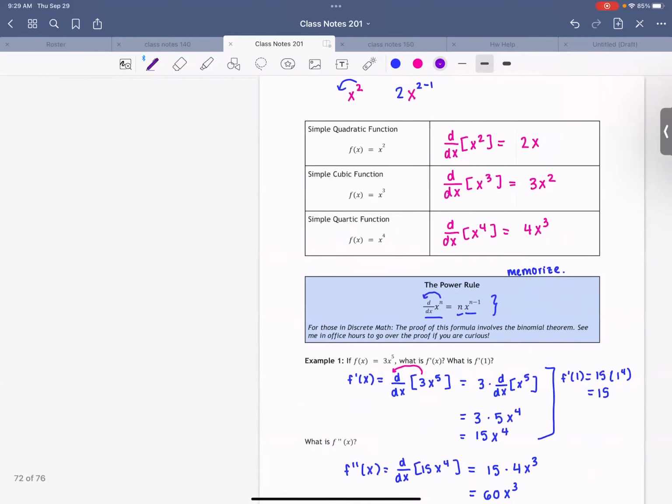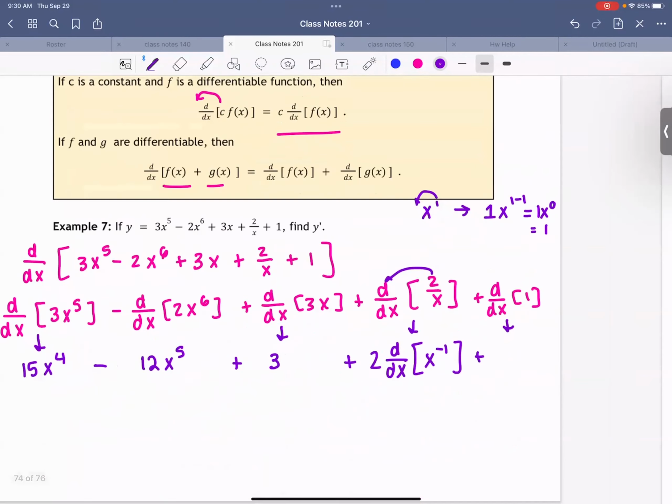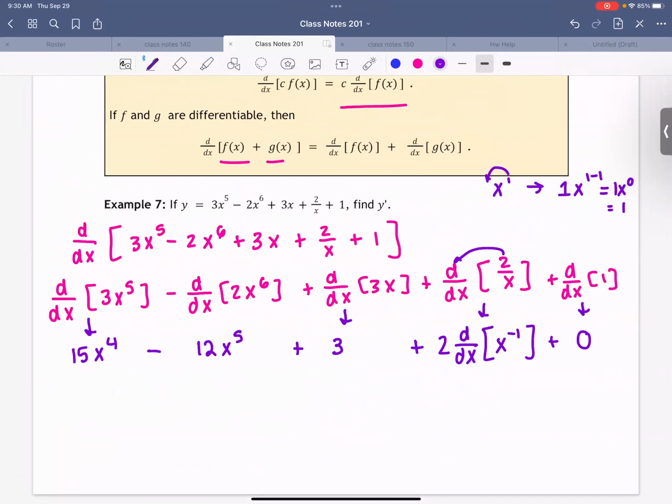So the derivative of any number, remember, is 0. Okay. So some things I do want to point out here. The power rule works pretty well. Whenever we have x by itself, you can kind of just remember to just take out the x. It's just the number in front. And the derivative of any constant is 0.